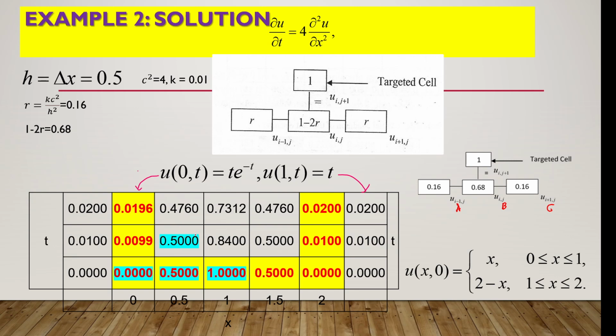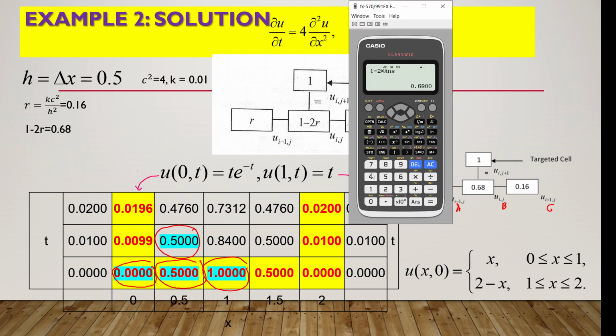Now if you want to solve this cell, A is 0, B is 0.5, C is 1. Provided you put them into the formula, 0.16A plus 0.68B plus 0.16C in your calculator.